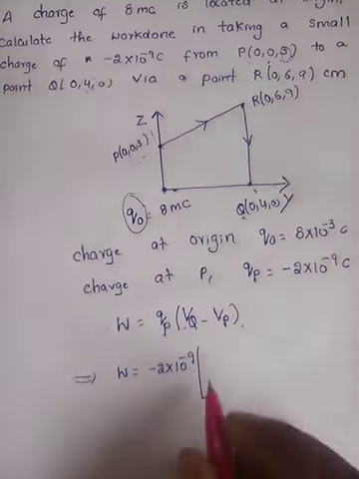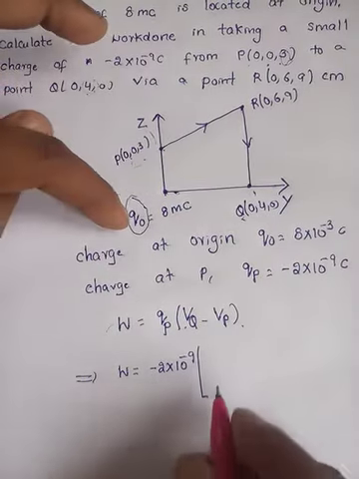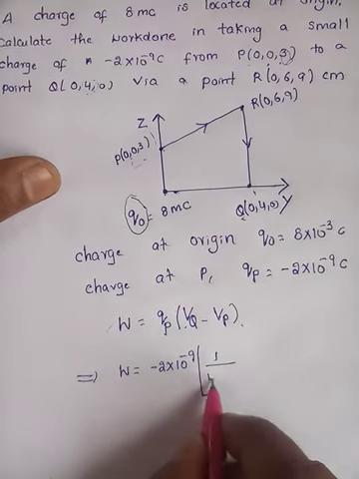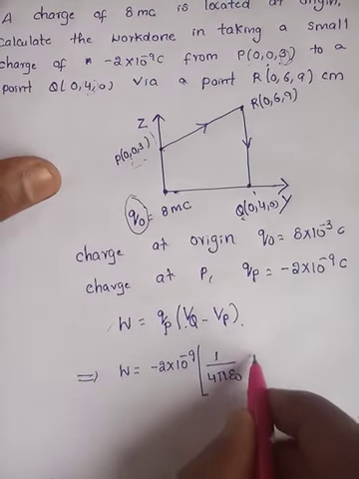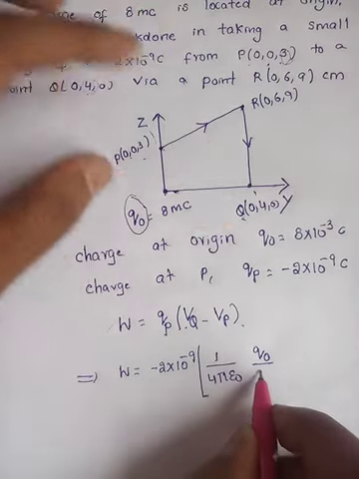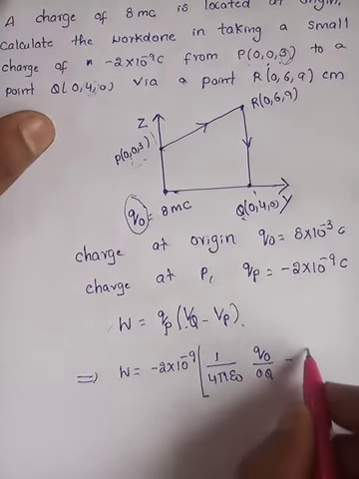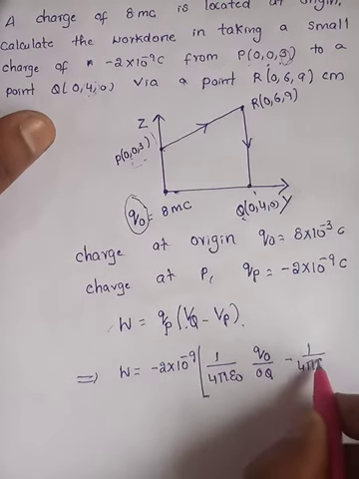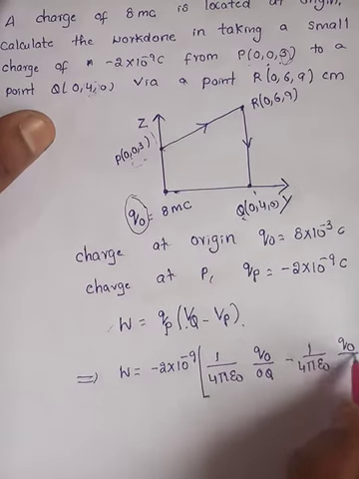VQ is the potential at Q due to Q naught, so 1 by 4 pi epsilon naught, Q naught by OQ, minus 1 by 4 pi epsilon naught, Q naught by OP.